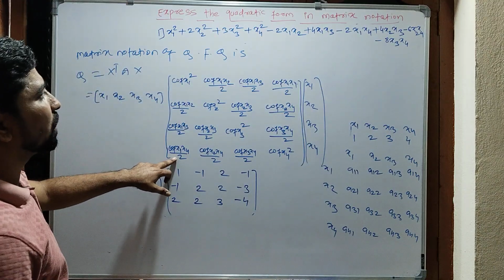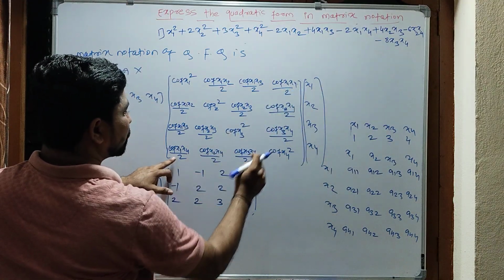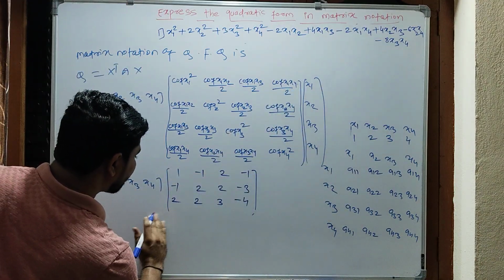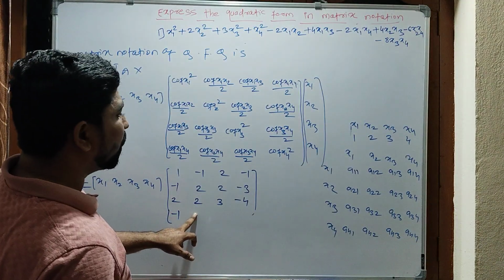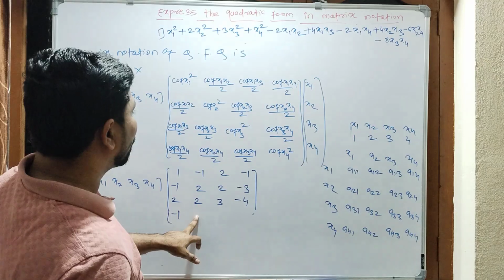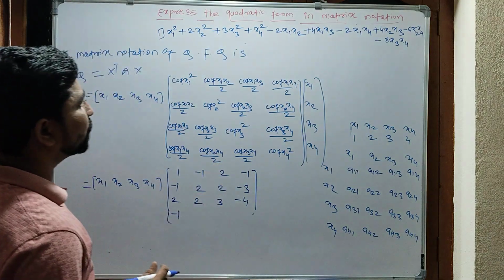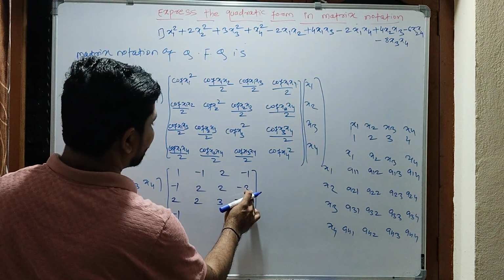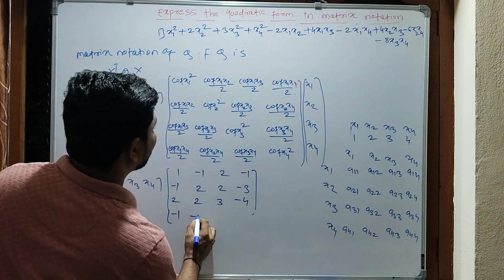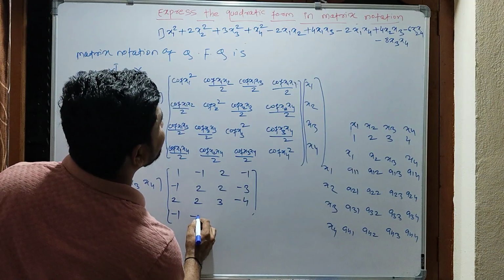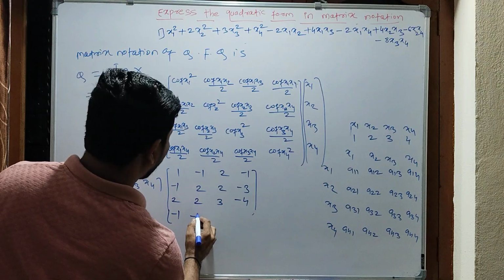Here x1 x4, this position is the same, minus 1. Here this is x4 x2, but here x2 x4. This is swapped with this. So x2 x4 is minus 3.